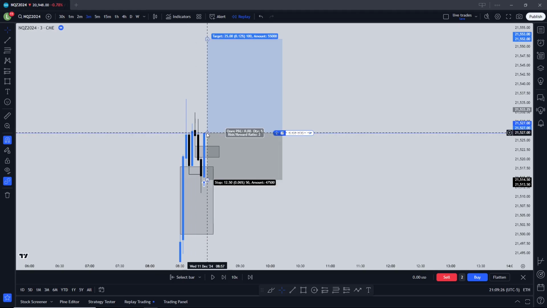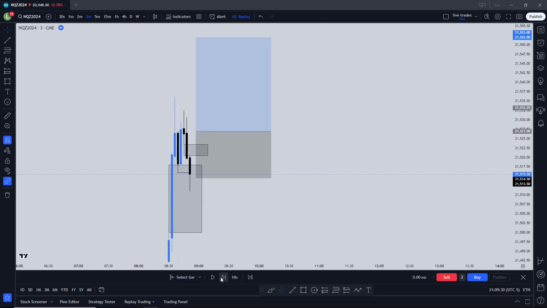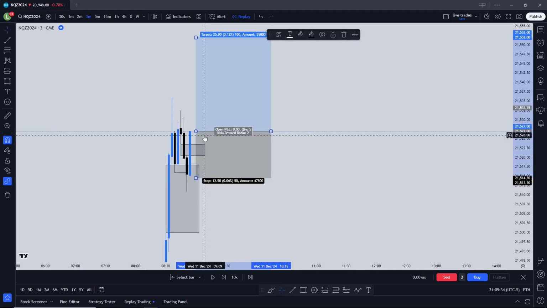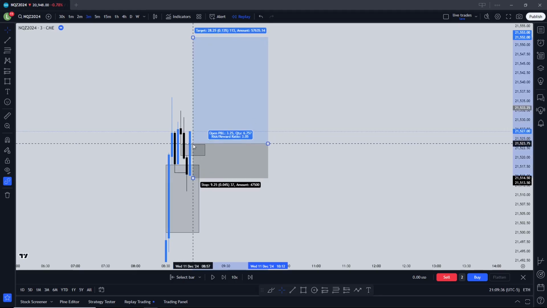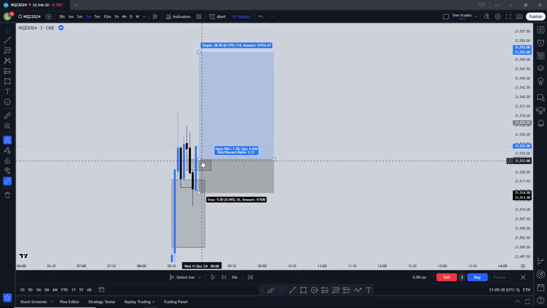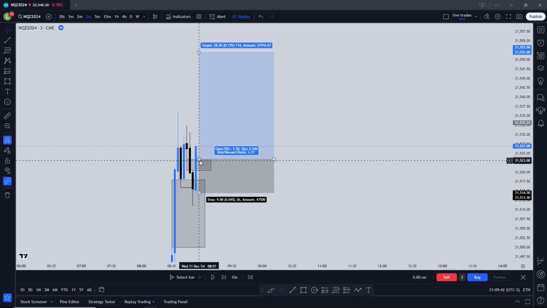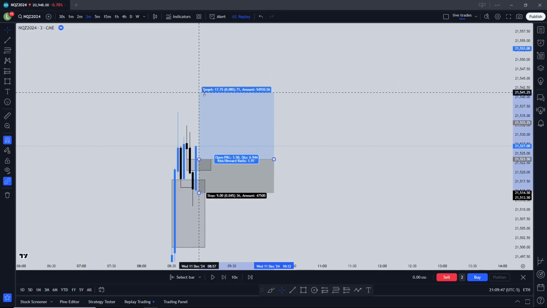Or what some people like to do, instead of entering with this inverse here, for a better RR, you can set a limit order to enter if we retrace back to the fair value gap. Now you can see we do get a better RR, or maybe you just don't have to target as high for 2 risk reward.